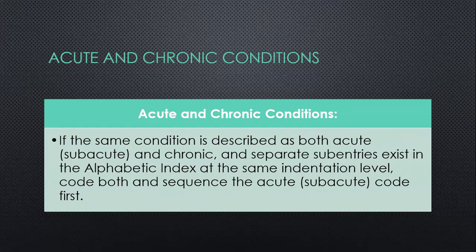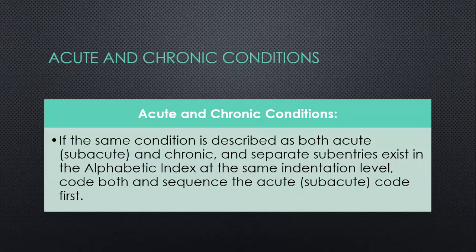Okay, in those cases, those are coded separately. You would code your acute kidney failure, and then you would code your chronic kidney disease secondary. That is an ICD-10 documentation guideline we must follow. It is all about sequencing, and the guideline tells us to sequence the acute code before the chronic code.